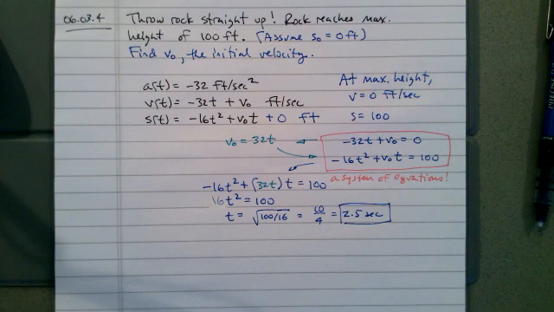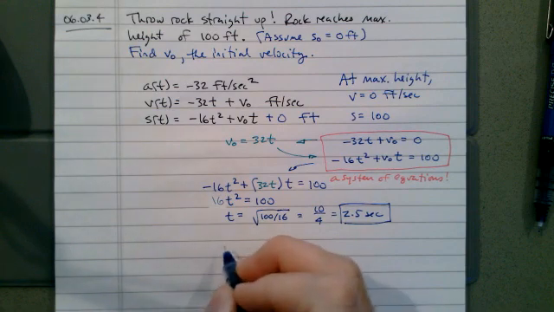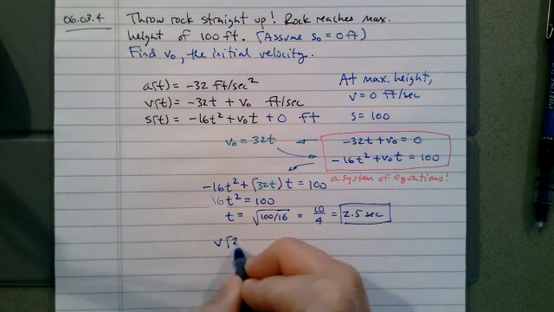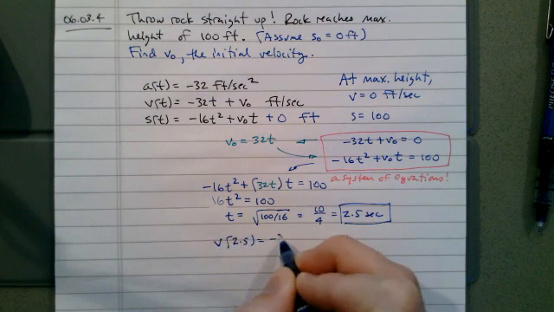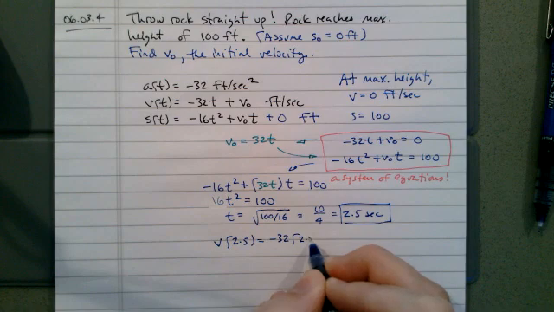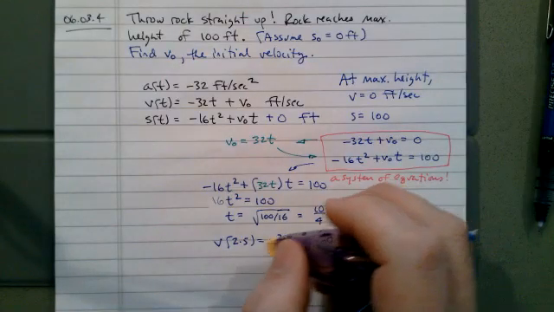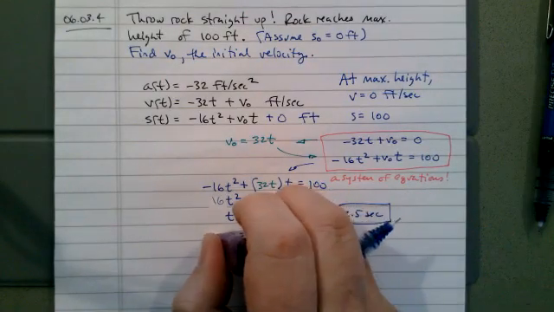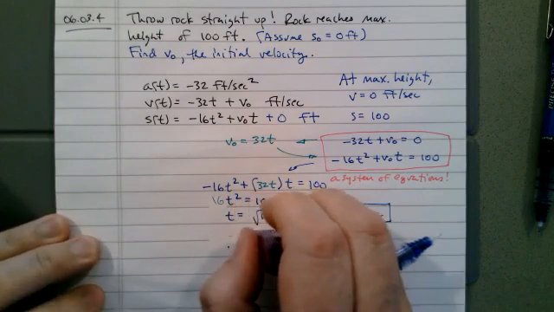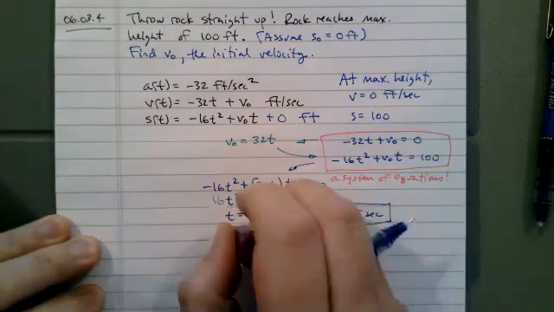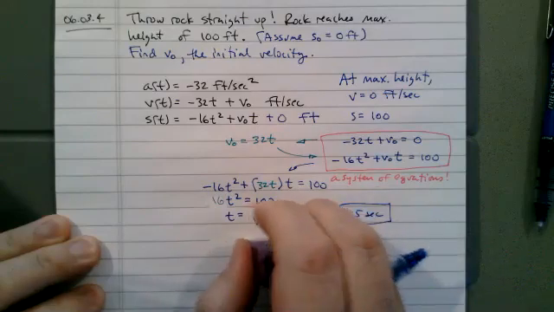We can calculate the velocity at 2.5 seconds. Oh, the velocity is going to be equal to 0. What did we want? Oh, we wanted the initial velocity. There we go, changing what the problem is, right in the middle of the problem.